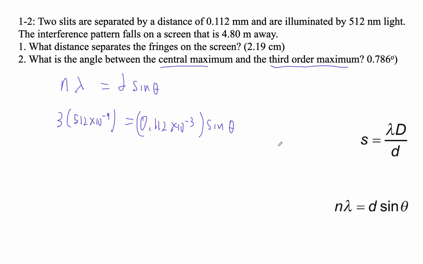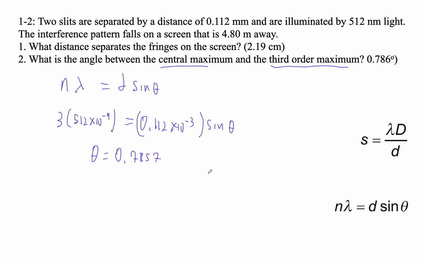All right, so we're going to do the inverse sine of this times this divided by this. Inverse sine of 3 times 512 divided by 0.112 e minus 3. And I'm getting that the angle is 0.7857. That's kind of fun, huh?